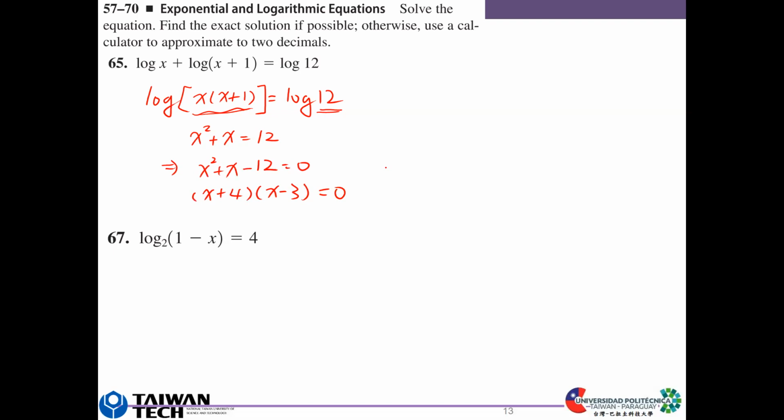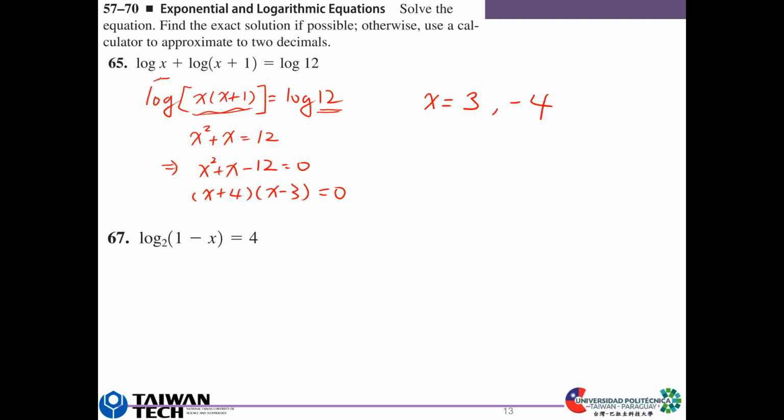Let me double check. This is review 65, x equals 3, or x equals minus 4.